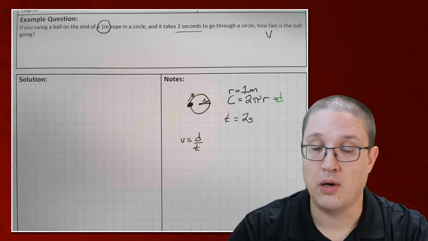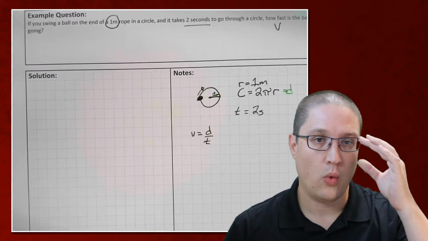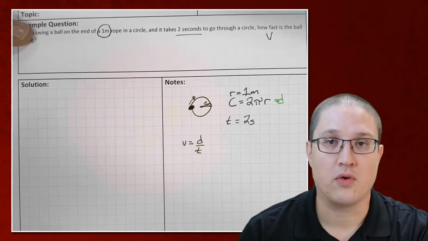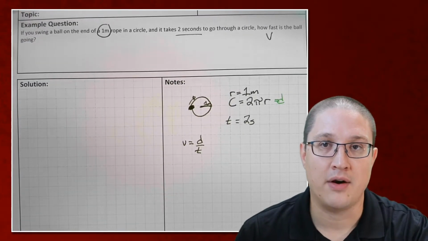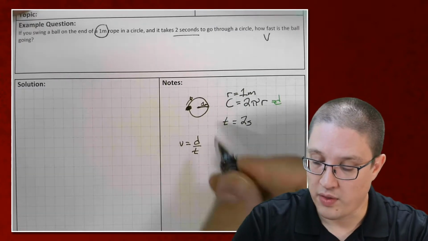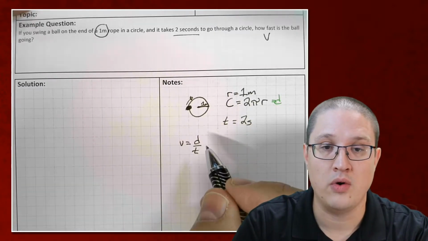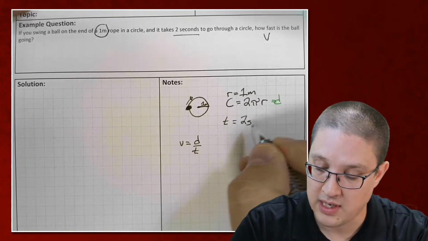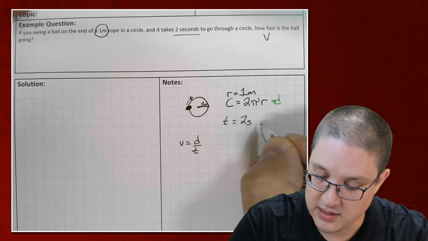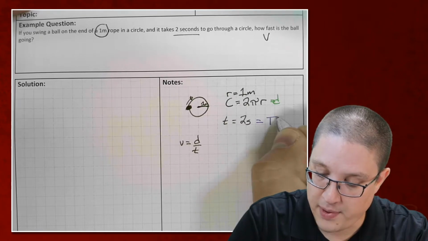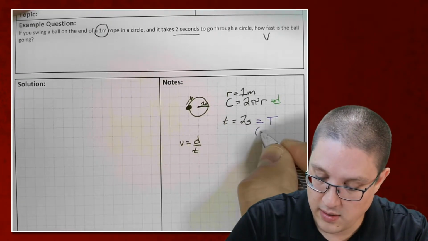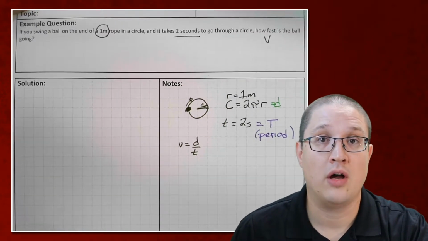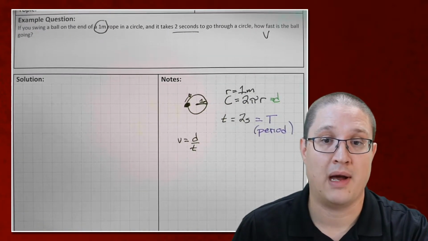However, circular motion is a special case where we have a repeating pattern. Remember back from grade 11 physics, a repeating pattern in waves, well, the time it takes to go around that, if it's repeating that pattern every 2 seconds, we're going to call this the period, or how long it takes to repeat that pattern.